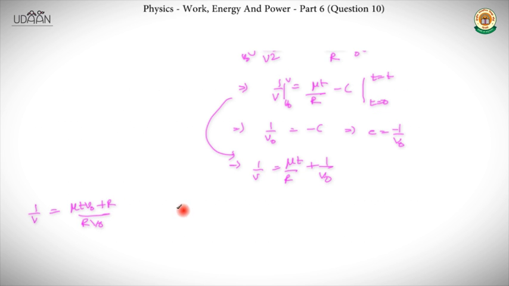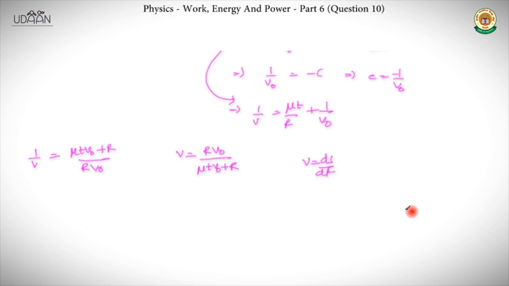We can write this as v is equal to r v naught by mu t v naught plus r. As we know, v is equal to ds by dt. Equating both, we get ds by dt is equal to r v naught by mu t v naught plus r.